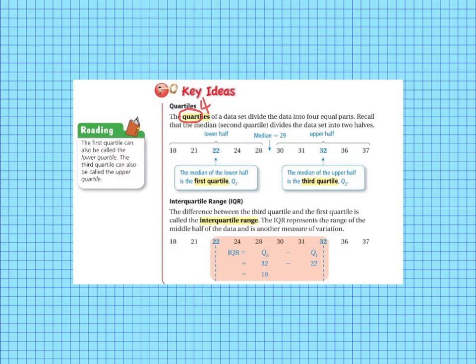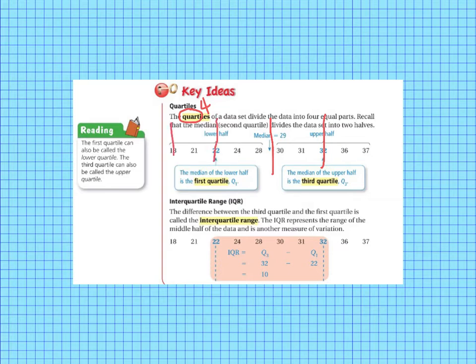So it looks like you only have 3 pieces, but you really don't. If you look at it like so, you have the median in the middle, the third quartile in the upper half, and the first quartile in the lower half.